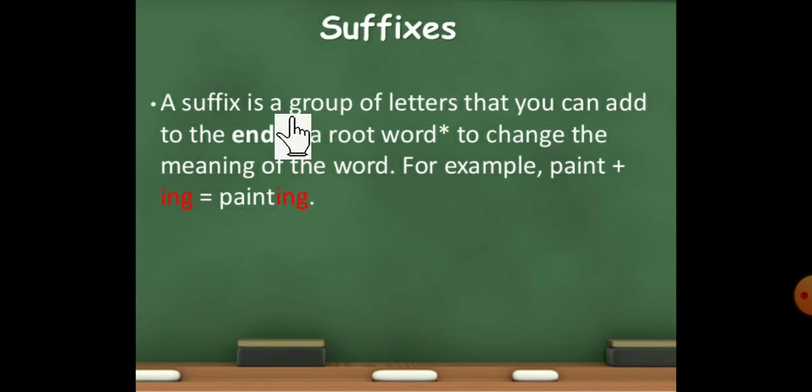A suffix is a group of letters that you can add to the end of a root word to change the meaning of the word. So what is an example of that? Suppose paint. Paint is a root word and you add ing to that root word.